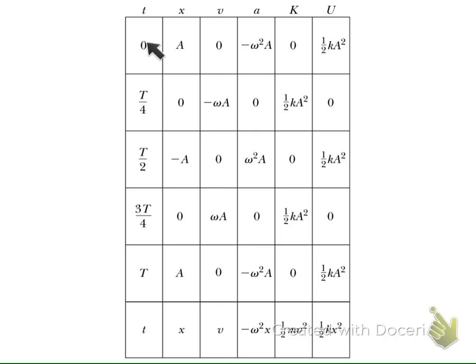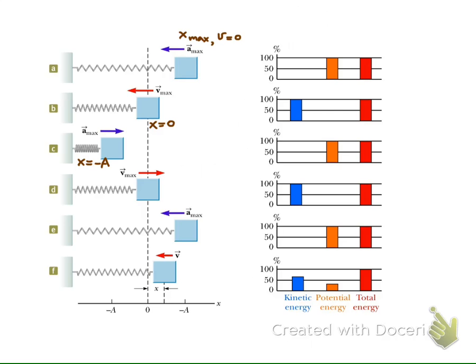At the 1/4 of the period, if we look back at this diagram again, at this point is one-fourth of a period. You can see that this is one-fourth, this is half of the period, this is three-fourths of the period, and this is one period.